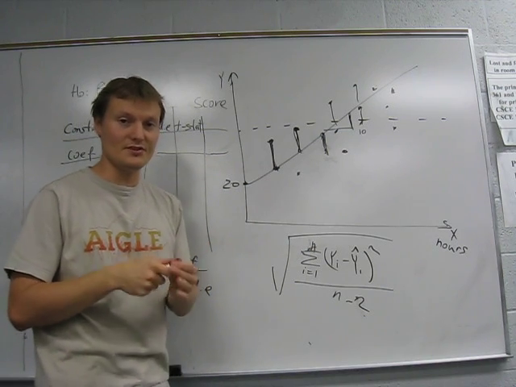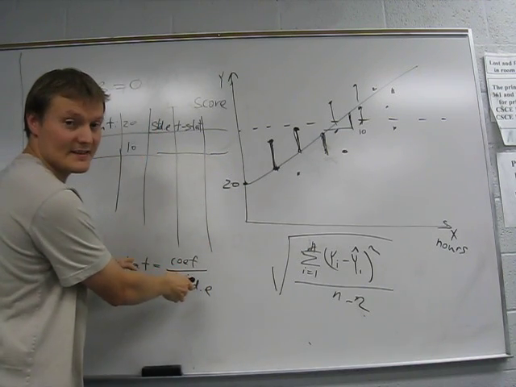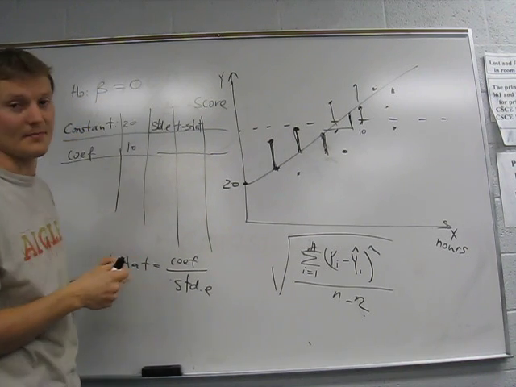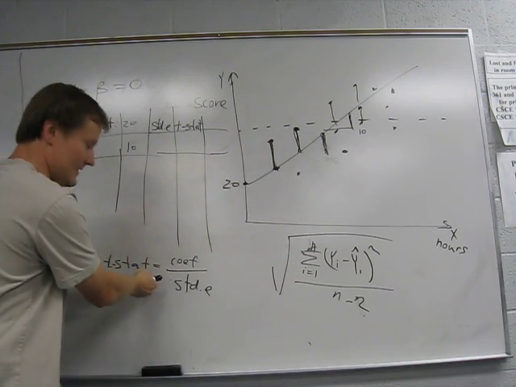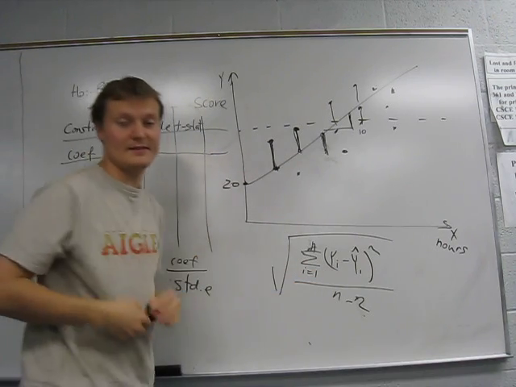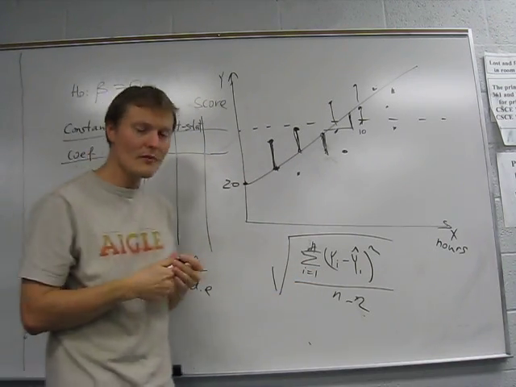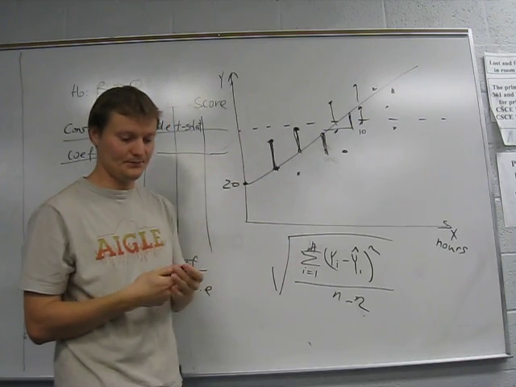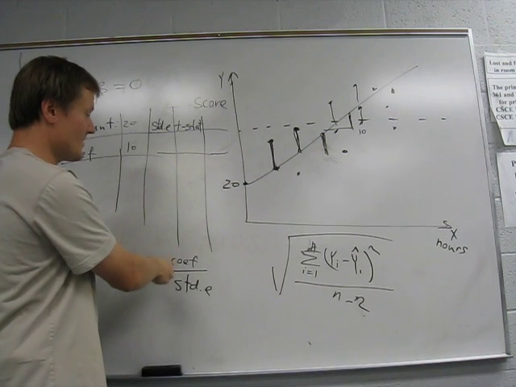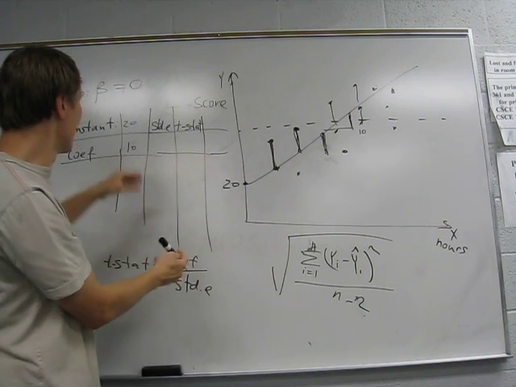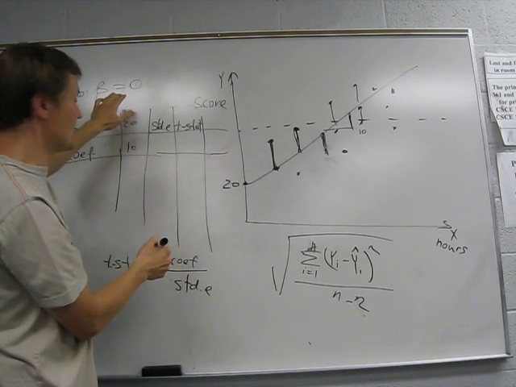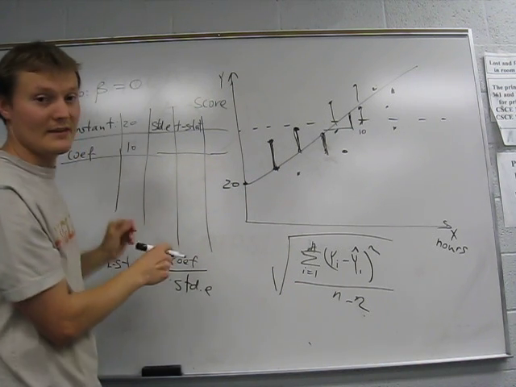And we're going to use this test statistic to see whether we can reject this null hypothesis. We get the statistic by using the size of the coefficient and the standard error. And remember, the larger the test statistic is, the more likely we are to reject the null hypothesis.